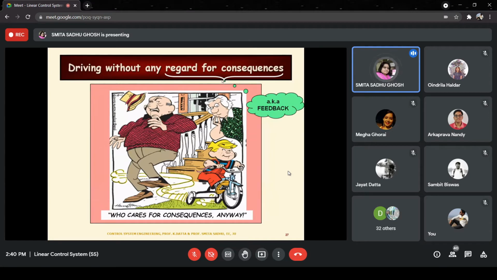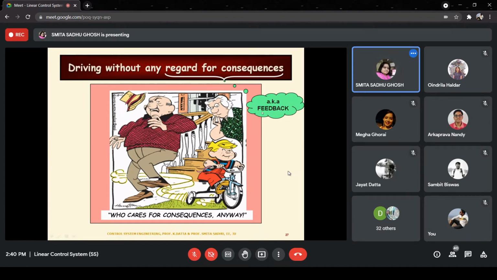But naturally, if we were actually interested in the consequences also, then what would we have done? We would have naturally had to read the speed or sense the speed and take some action on the basis of that value, right? That is also known as the feedback signal, right?